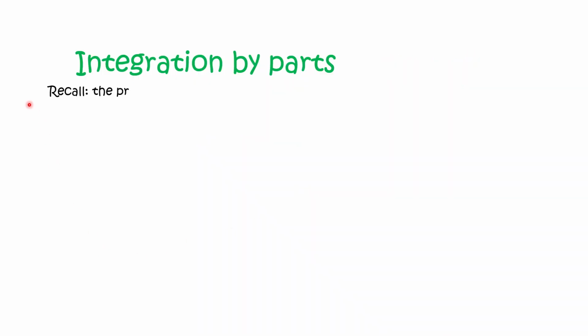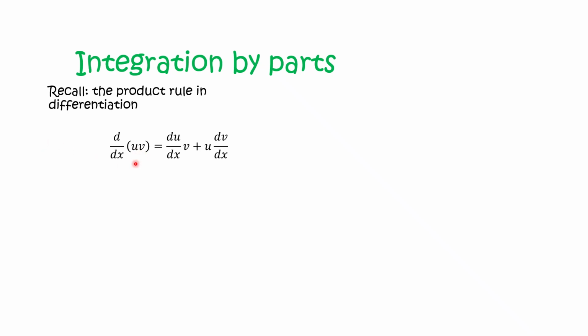Getting into today's business. Recall the product rule in differentiation. If we have a product of functions uv, then the derivative d(uv)/dx is equal to du/dx times v plus u times dv/dx.